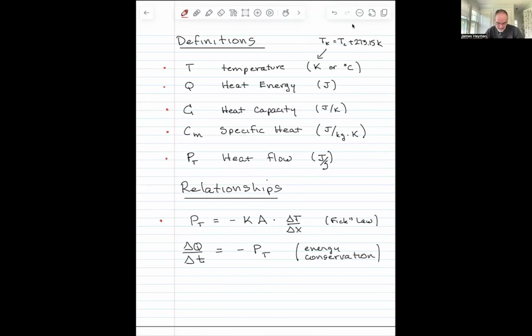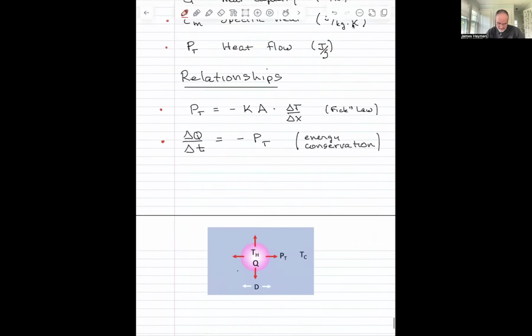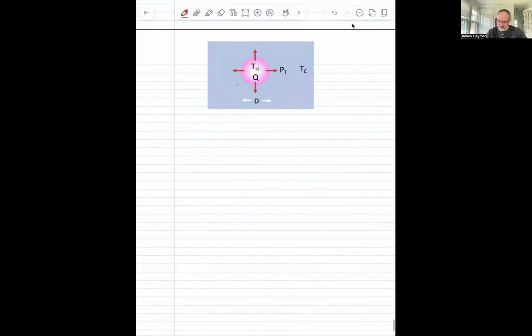The power, or the energy per second, is given by minus thermal conductivity times the cross-sectional area times the change in temperature with respect to position. Secondly, we have energy conservation. If power flows out of a hot object, then the temperature cools over time. The temperature changes with time, and delta Q over delta T is equal to minus PT. Let's use that to analyze our situation here.